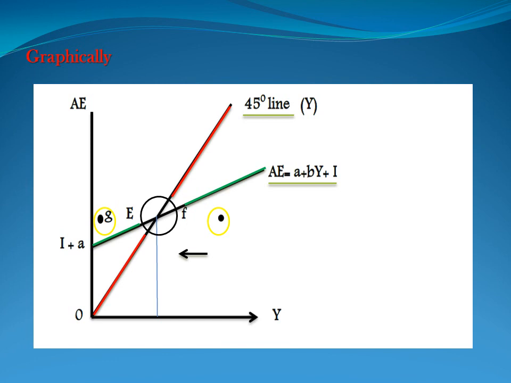So there would be an excess demand. And in order to restore equilibrium, we have to meet this excess demand. So output should increase, sales should increase, and inventory would decrease. In this case, equilibrium would be restored at point E.